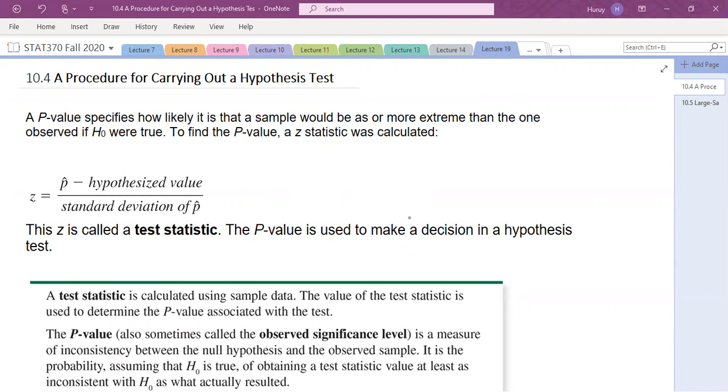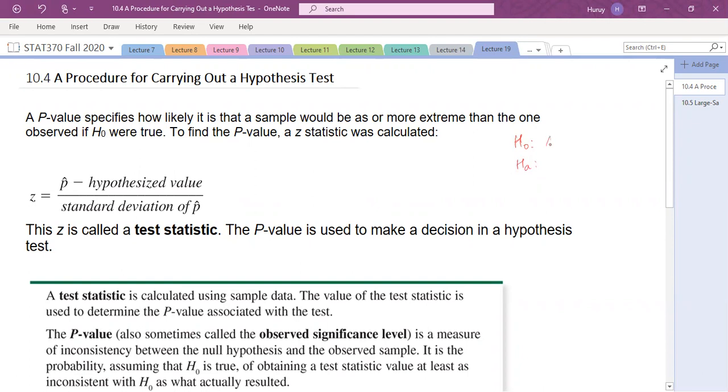In the previous lectures, we learned how we write the hypothesis test, and a hypothesis test includes two hypotheses. One is the null hypothesis that we denote using H sub 0. And then we have the alternative hypothesis that we denote with H sub A. And there are always two decisions.